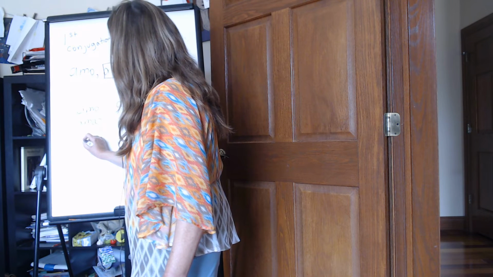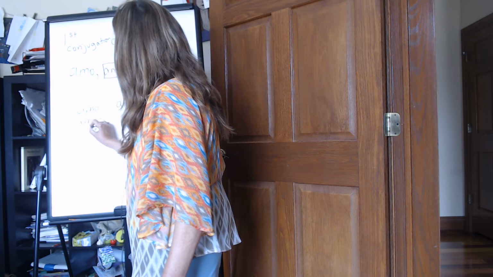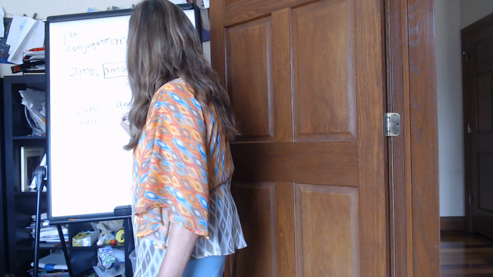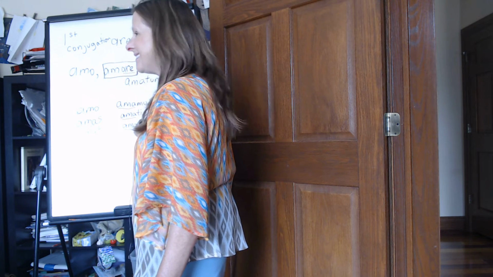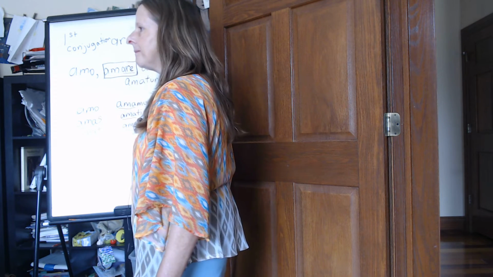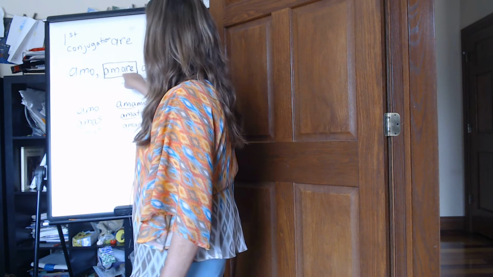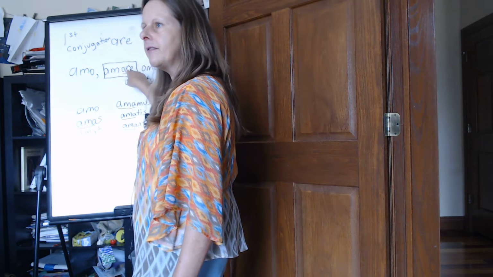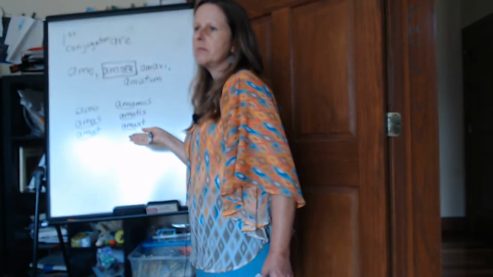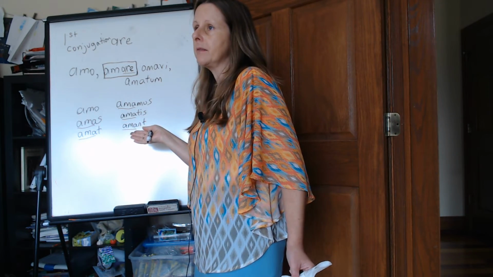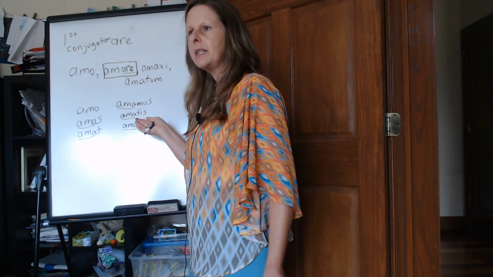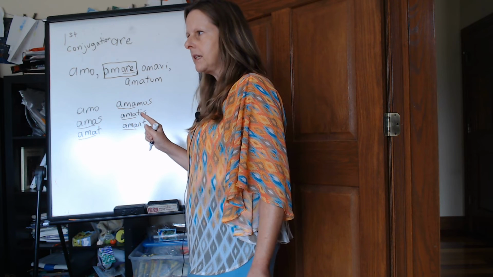Notice I took the stem. See that ama, ama, ama, ama, ama? And I stuck endings on. All the verbs with the ARE ending in first conjugation, they just do the same thing. It's just a group of verbs that all do the same thing when we conjugate them, when we take them through their endings. Does that make sense?